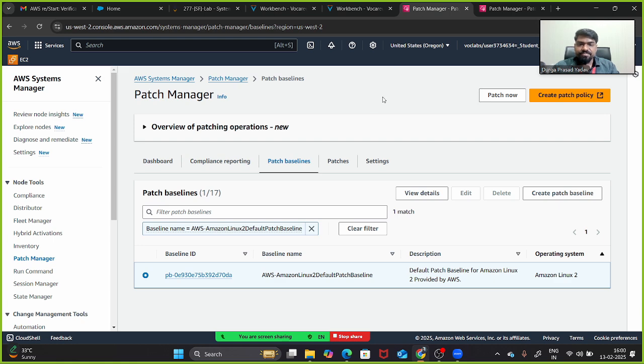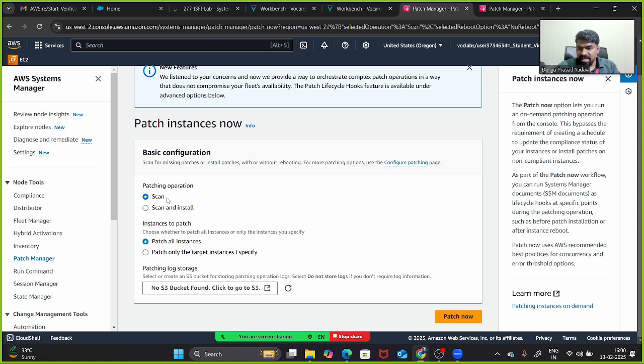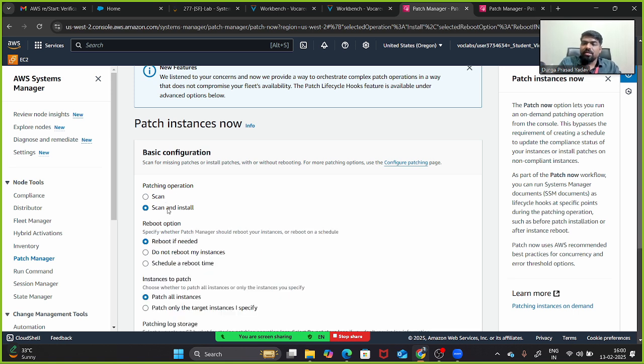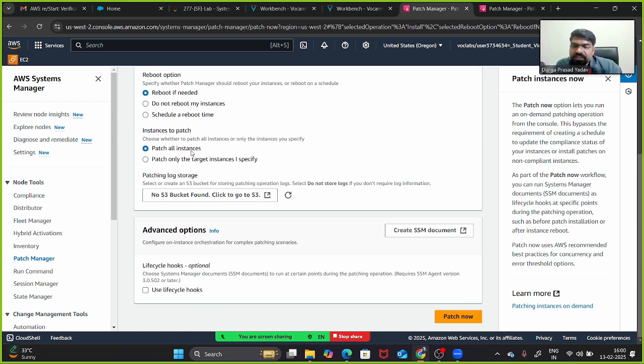So if I need to patch it now, I just click on patch now, and you will scan and then install, or you can only scan and match whether it is there or not. So we will try to scan and install. It is asking to patch all instances or only targeted instances.